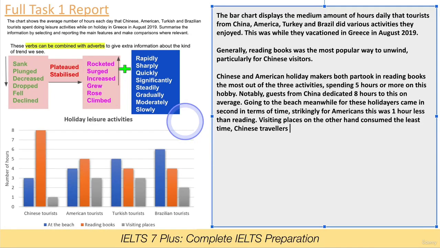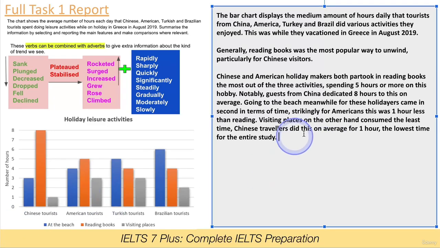Chinese travellers did this on average for 1 hour, the lowest allotted time for the entire study. Let's read this back and see how it's sounding.